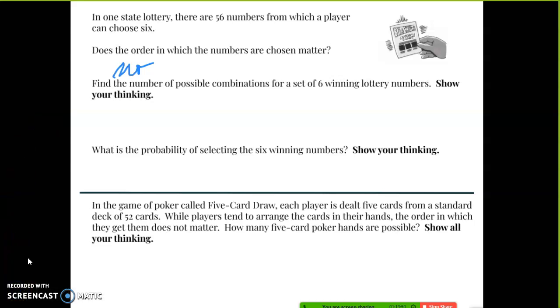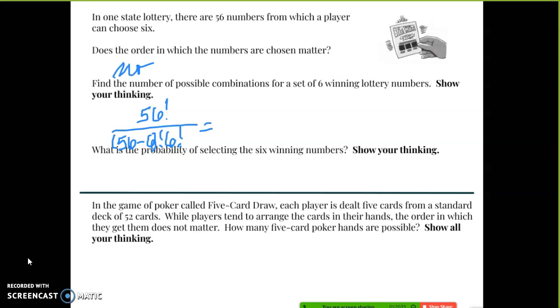So we said the order doesn't matter, so it's a combination, not a permutation. So we're going to use that combination formula we learned. We have 56 possible numbers to choose from. We have 6 decisions, and those 6 numbers could be repeated. We could have a lottery winner of 41, 41, 41, 41, 41, and 41, and it would still work. So repetition is permitted. Okay?